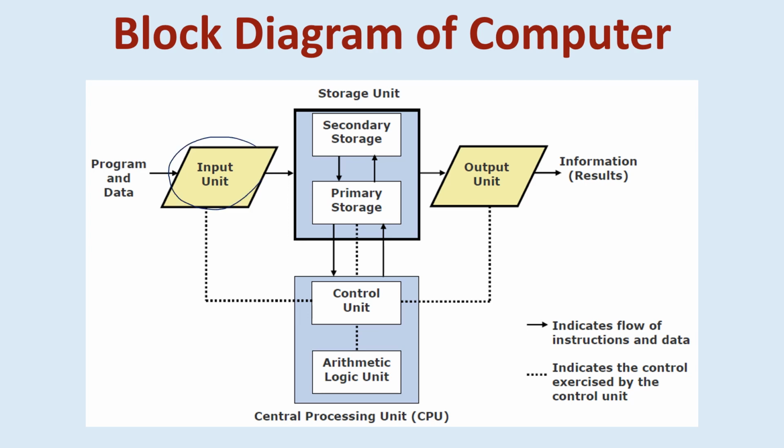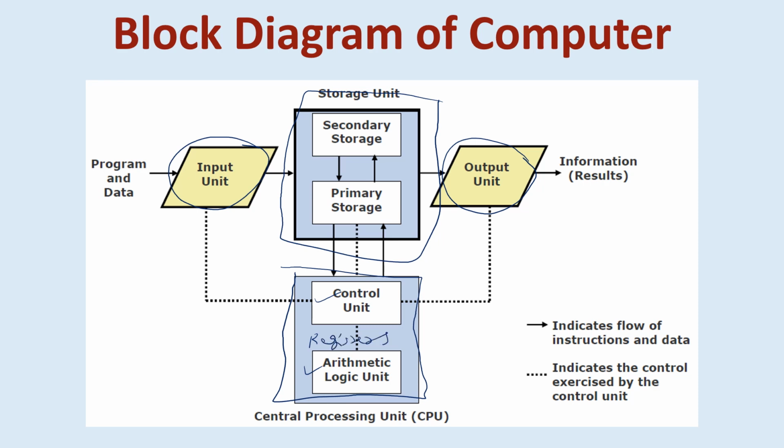Here is the input unit, then we have the output unit, and this is the storage unit, which consists of secondary storage and primary storage, and then we have the central processing unit, which consists of control unit, arithmetic logic unit, and one more thing, the CPU also consists of registers, which are used to temporarily store the instructions and data which are processed by the arithmetic logic unit.